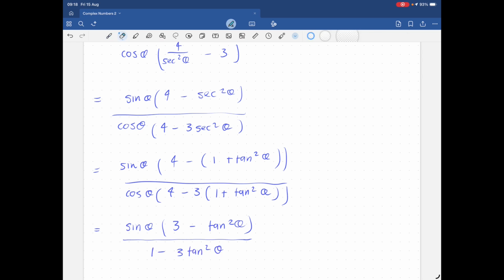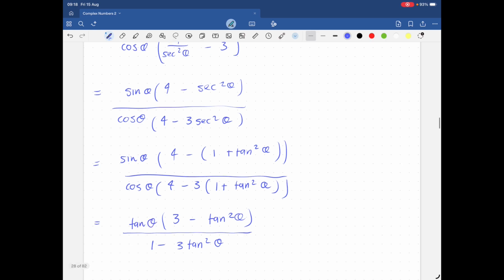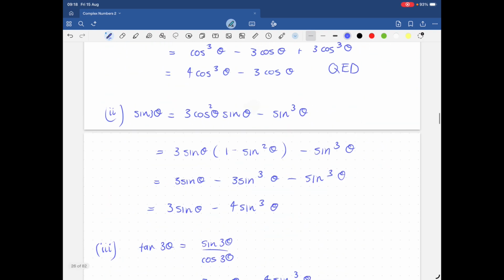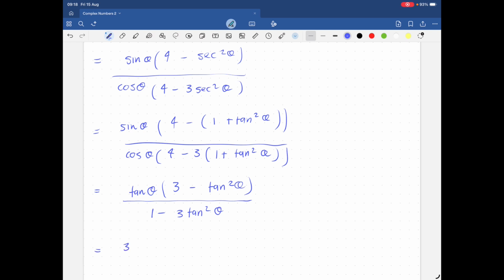What we can also do as a final step is sine over cos becomes tan. And that's actually what we wanted. We wanted tan theta, 3 minus tan squared theta, or 3 tan theta minus tan cubed theta over 1 minus 3 tan squared theta.